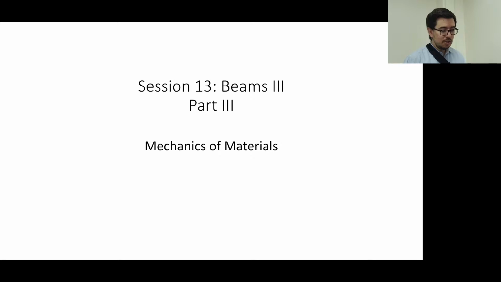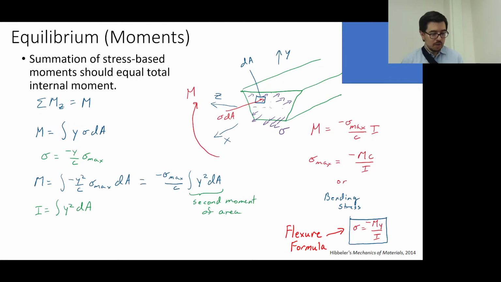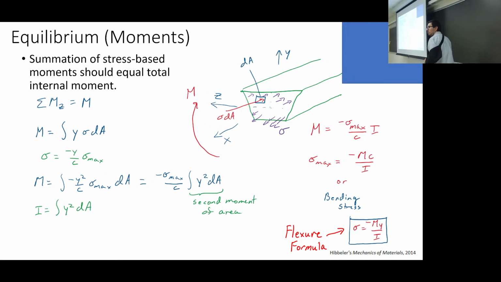Question 2 will essentially say, come up with the bending moment diagram here and just plug it into the flexure formula. Remember I said J is pi over 2 c to the 4, the polar moment of area?